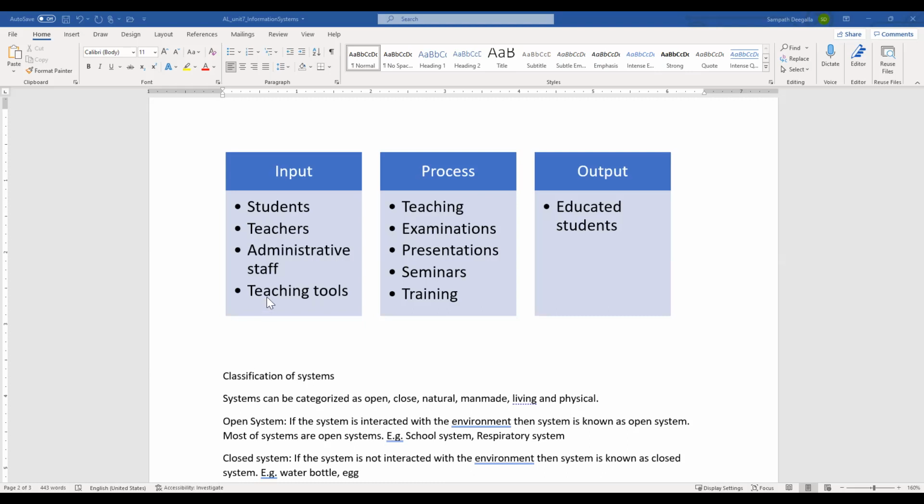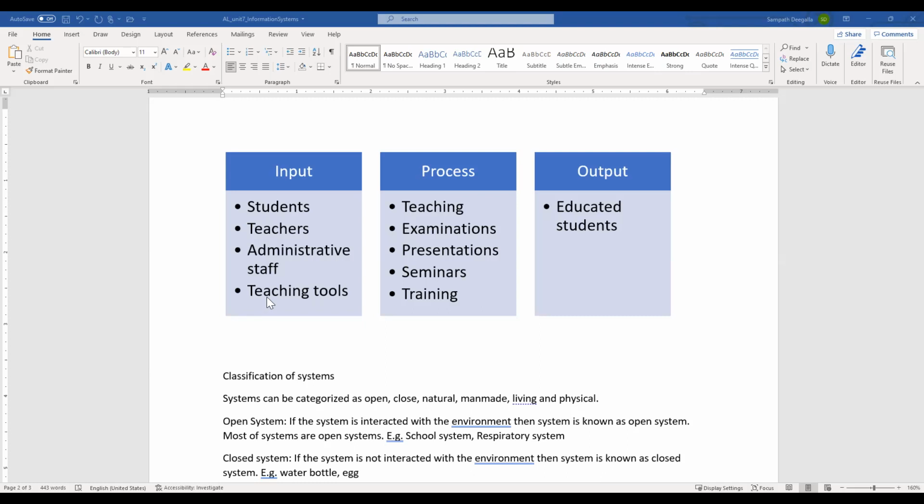To transform the raw material to the outcome, that means input to the output, we have several processes in a school system, like teaching, examinations, presentations, conducting seminars, training the students. All these transform the incoming students to well-educated students.